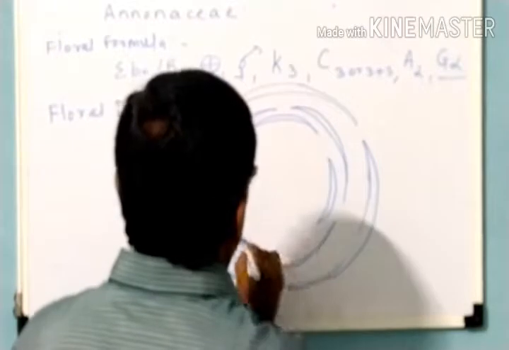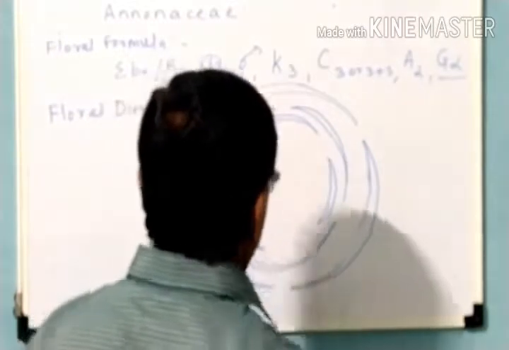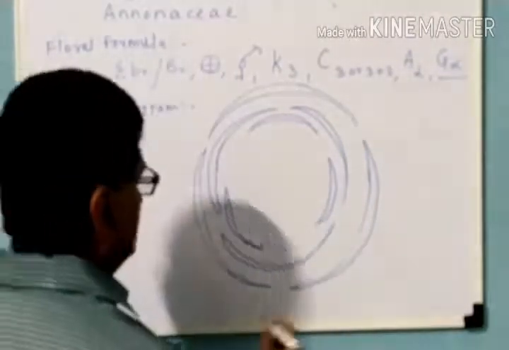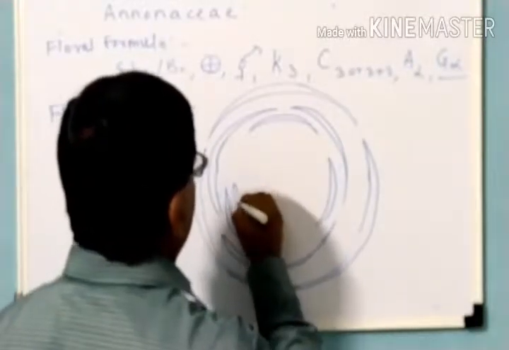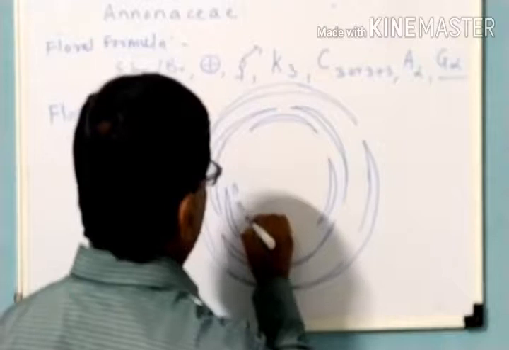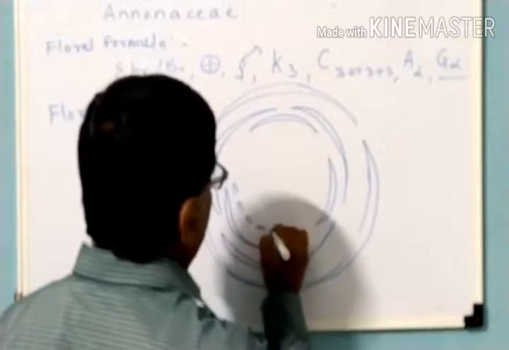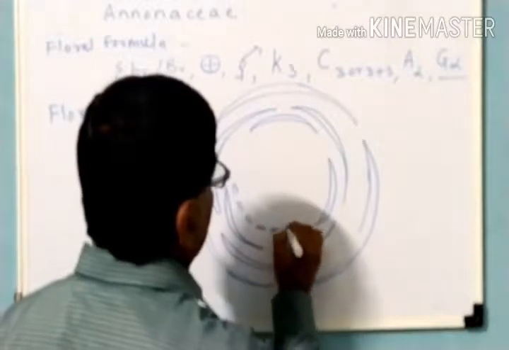Like this. And inside there are stamens in a spirocyclic manner, like this way. You can just see the spirocyclic arrangement of stamens.